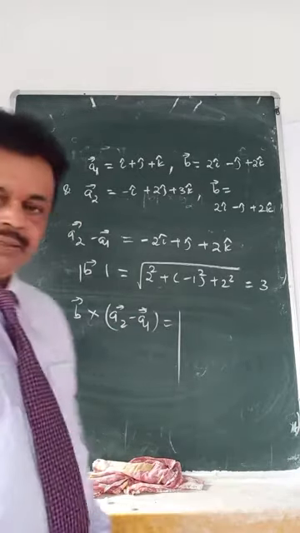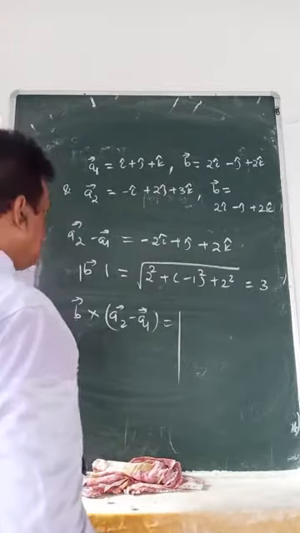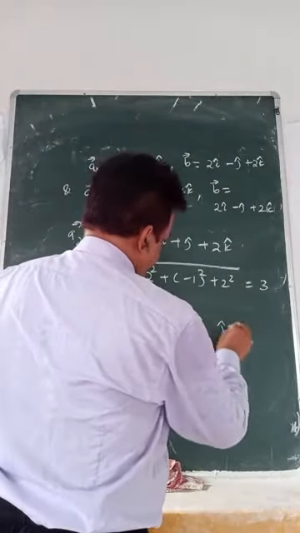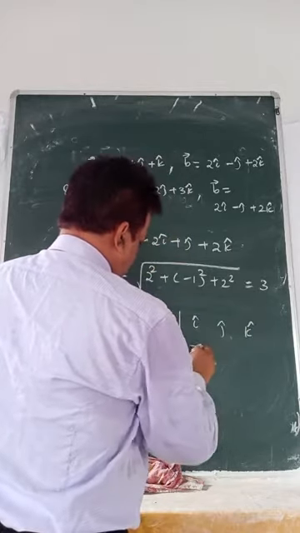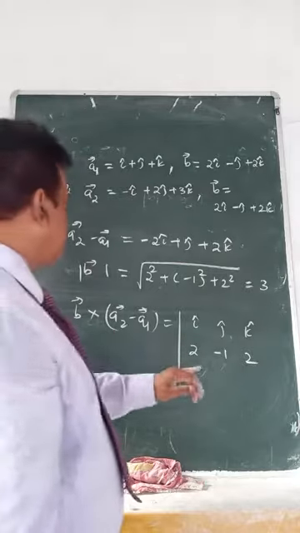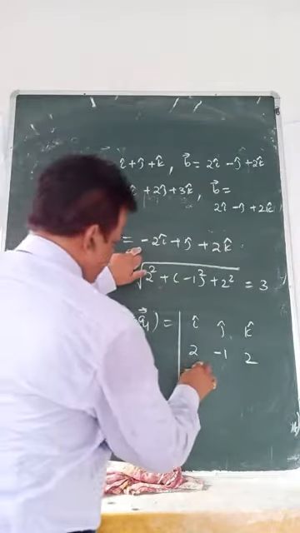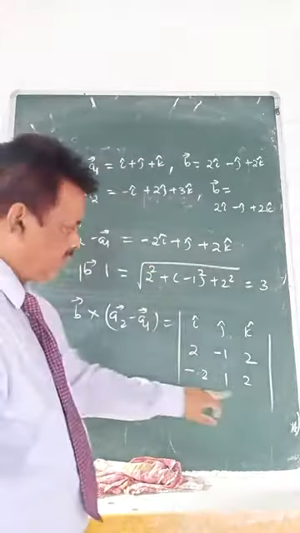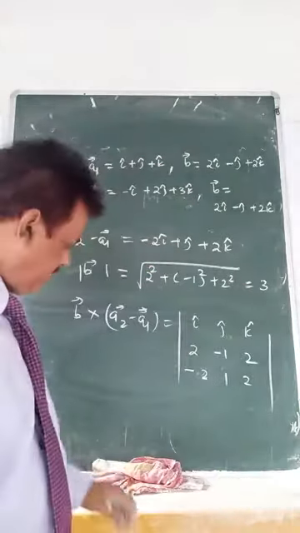So what is b here? 2, -1, 2 with i, j, k, and a2 minus a1: -2, 1, 2. So expand it.